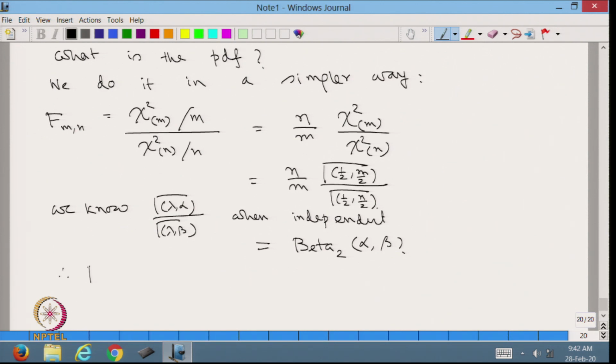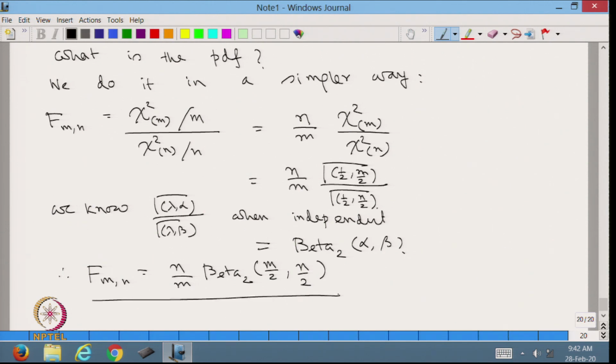Therefore, F m,n is equal to n by m times Beta2 distribution with parameters m by 2 and n by 2. Thus, from two variables we convert it into one variable.